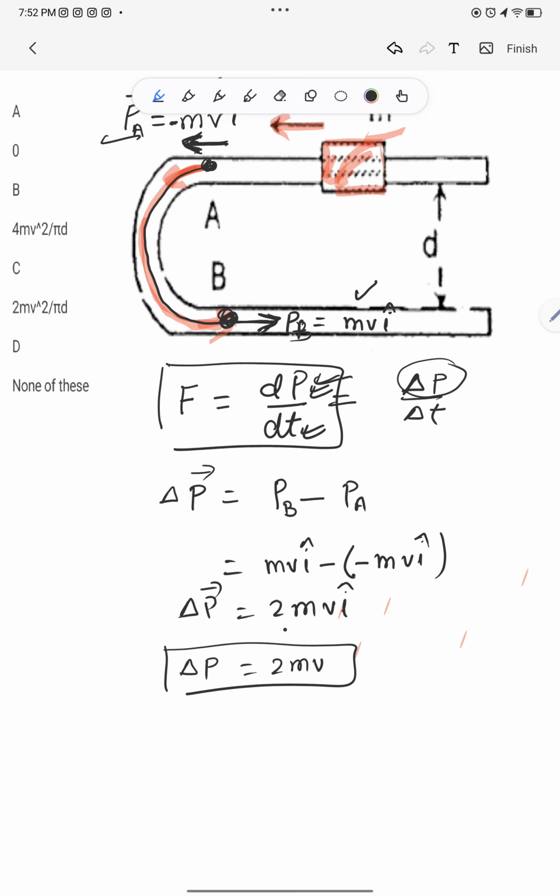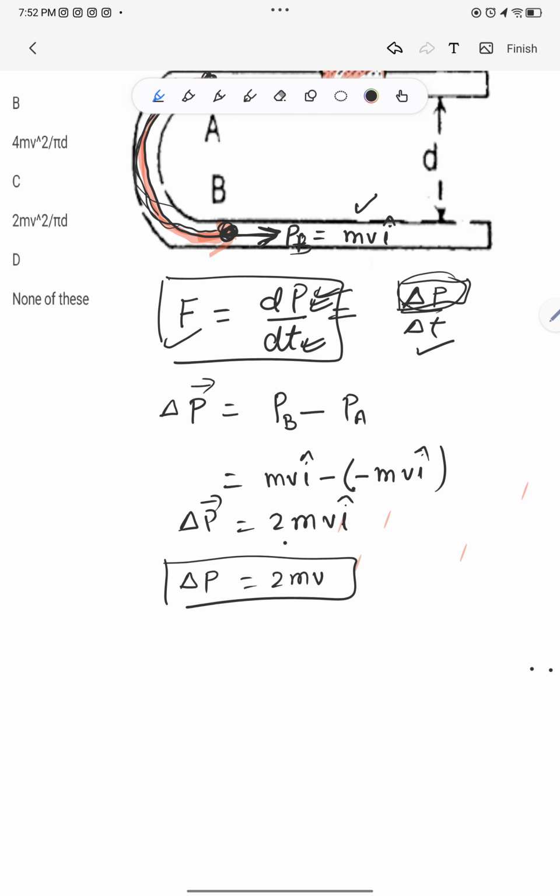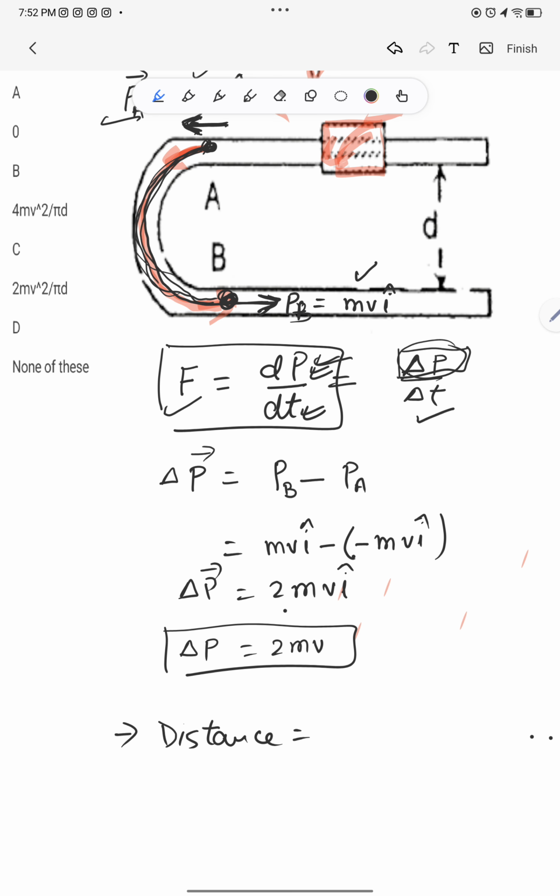So we have calculated one part of this force, the change of momentum, and now we have to calculate the change of time, that is, the time taken by the bead to move from A to B. To calculate it, we first calculate the distance traveled by the bead from A to B. This distance is the length of the semicircular arc, which is pi r, because for a whole circle it is 2 pi r and here it is a semicircle.